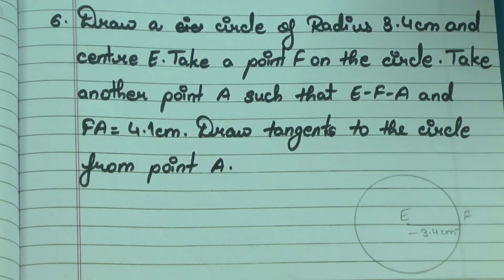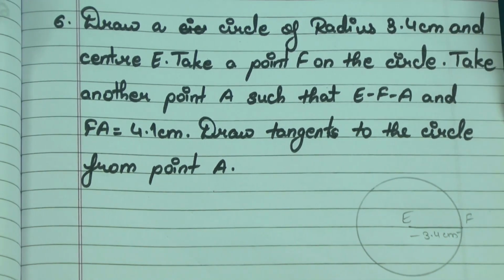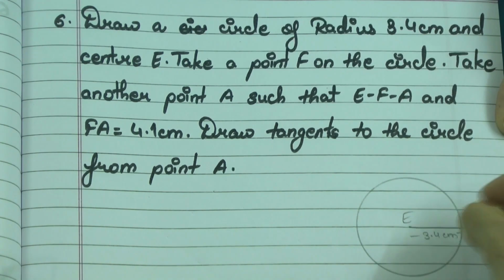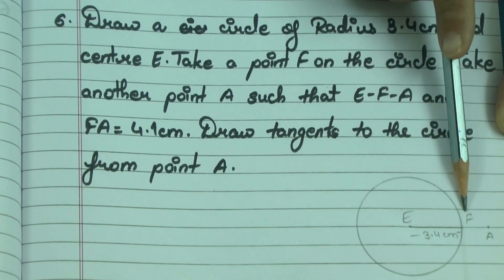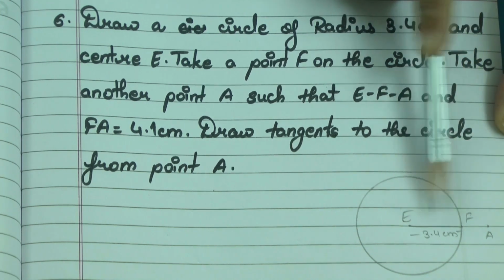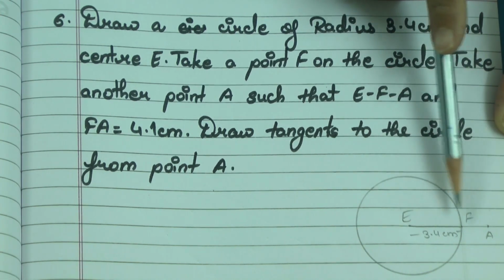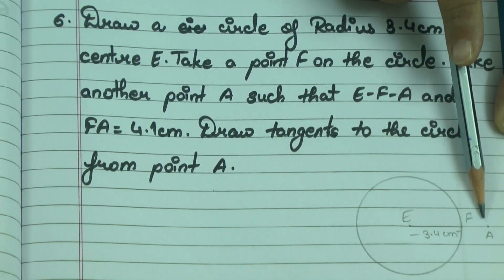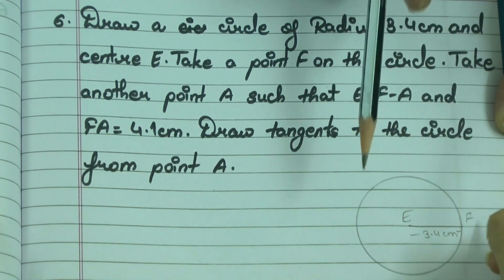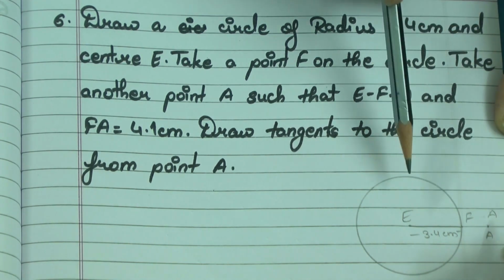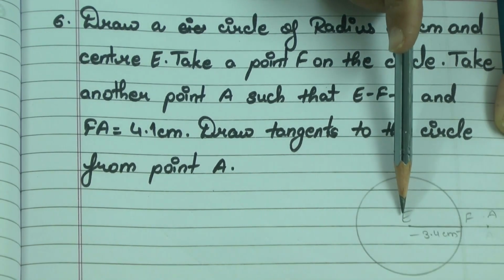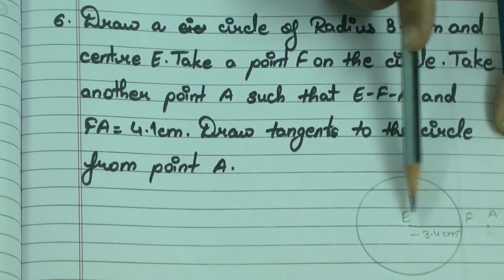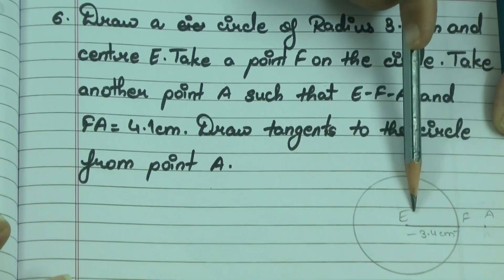Now take another point A. Now you see, children, points E, F, A, all 3 points are in line. Write A above, so that we come to know that they are in one line. Now we can see points E, F, A are collinear.